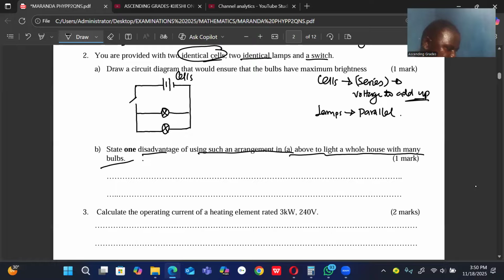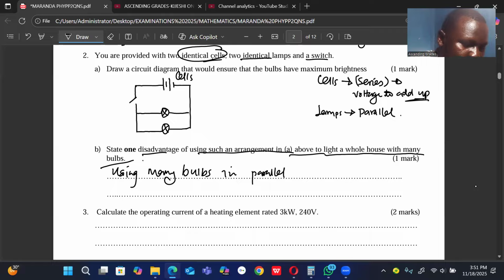So the disadvantage is that when you're using many bulbs in parallel, it drains the cells very fast. That is the first disadvantage.